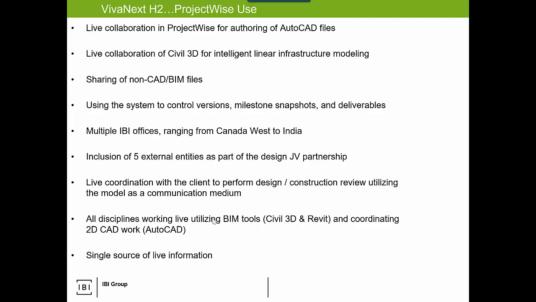IBI had multiple offices from Western to Eastern Canada, including India, and external entities that had multiple locations as well, all shared through the live environment. And then, as I said before, we were able to skip a formal 2D submission because we were able to prove and demonstrate the live collaboration environment empowered through the BIM process.